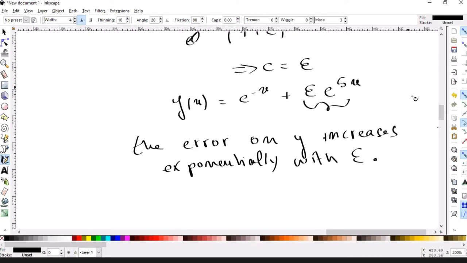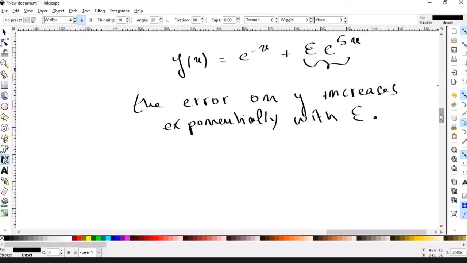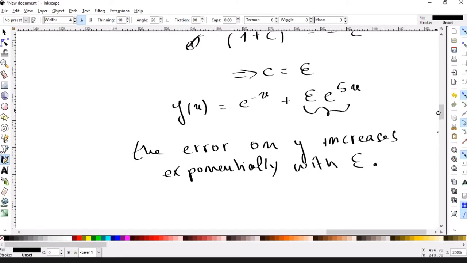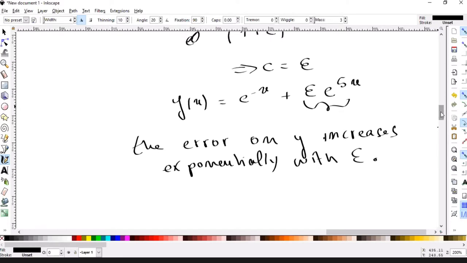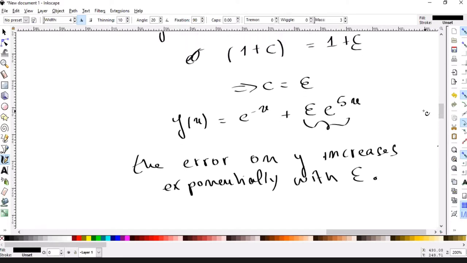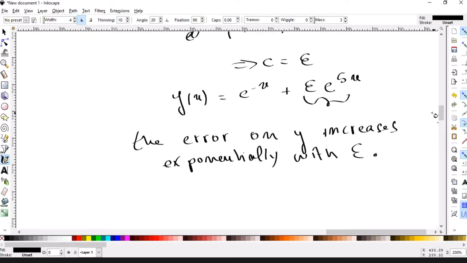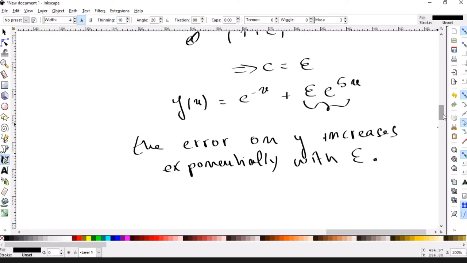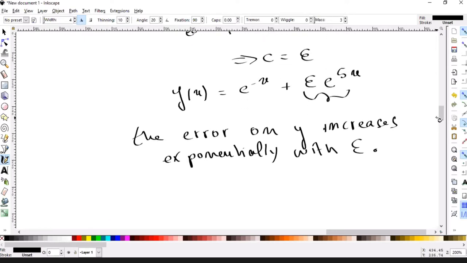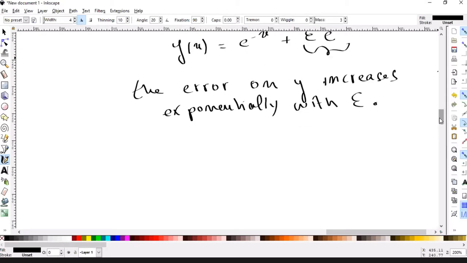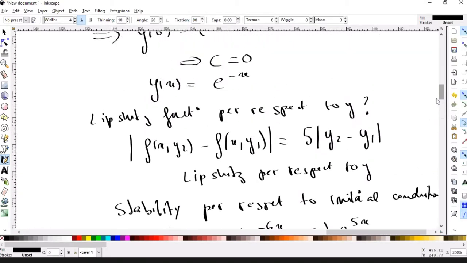Due to the floating number representation, the computer cannot represent numbers with infinite precision. So when you have an error at a given x, this will increase exponentially with epsilon for this type of problem.